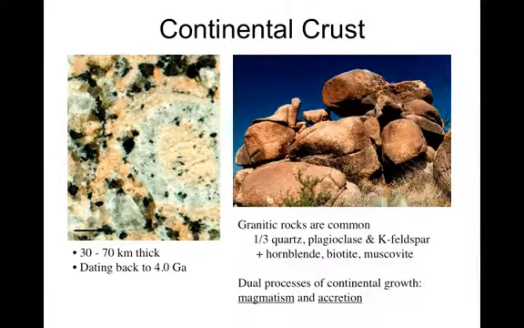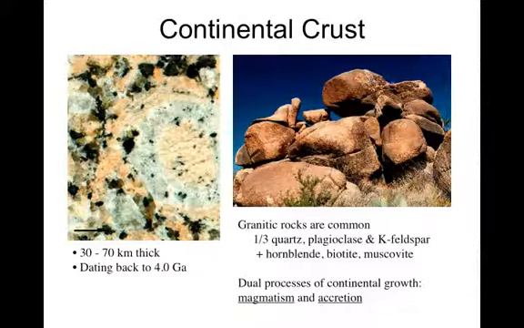The continental crust is much thicker and much older. And the continental crust is largely granodiorite. So it has slightly more of the mafic minerals, those with iron or magnesium in them, than a granite, but is more silica rich and rich in the alkali elements, so potassium and sodium, than the oceanic crust.